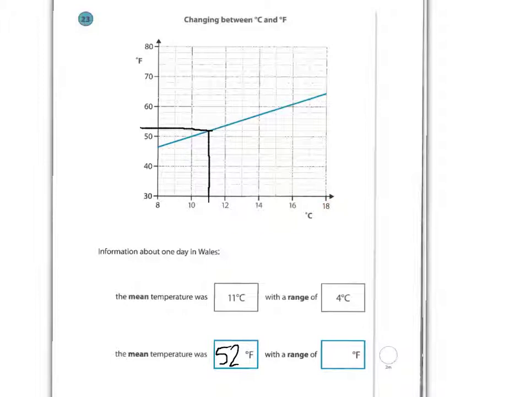So if I take 14 degrees and go up to the graph, what I can see is that 14 degrees is approximately 57 degrees F. Then 18 degrees, if I go up to the graph, is approximately 64 degrees. So then if I work out the difference between 57 and 64, I know that is 7 degrees F.